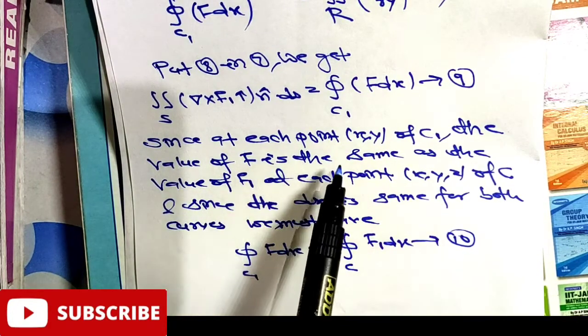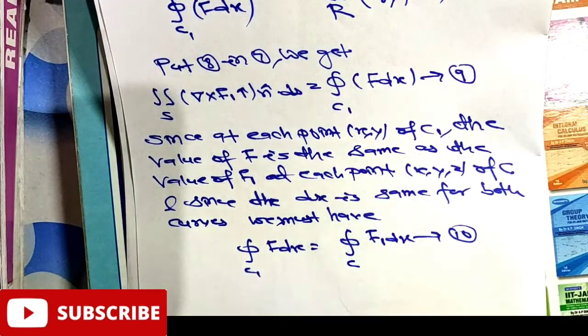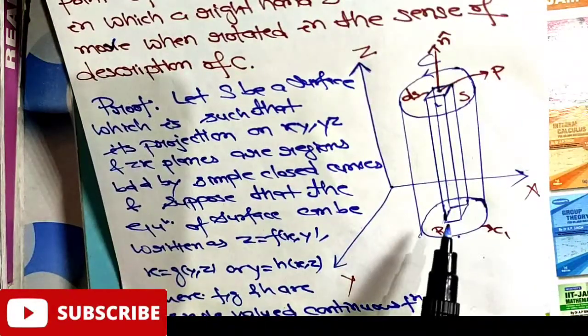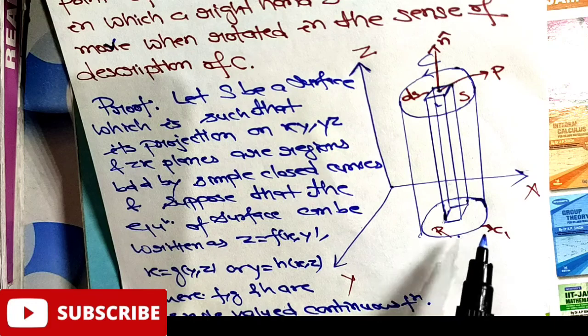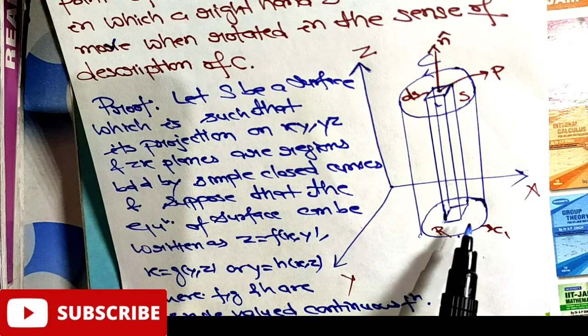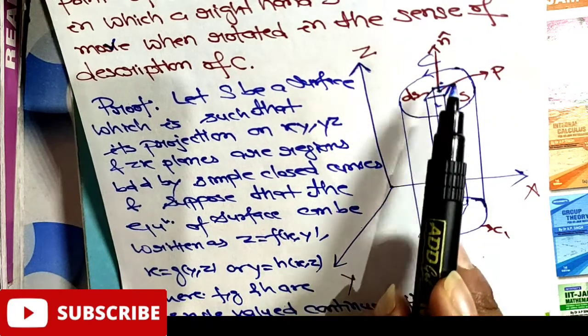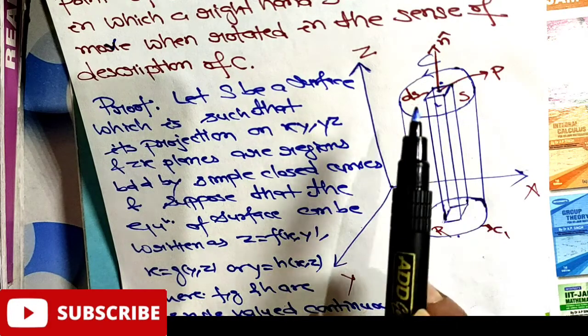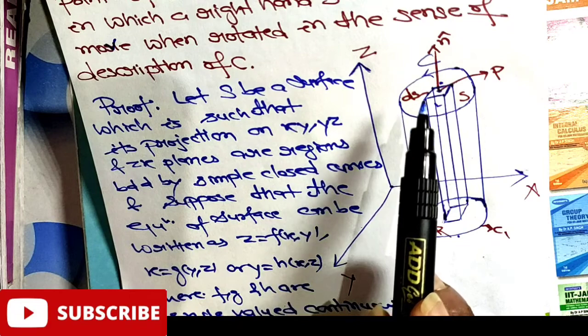So if we take any point x, y in curve C1, the value of the function f1 is the same as the value of function f at x, y, z, and dx is the same for both.